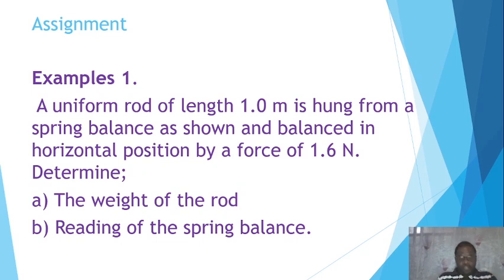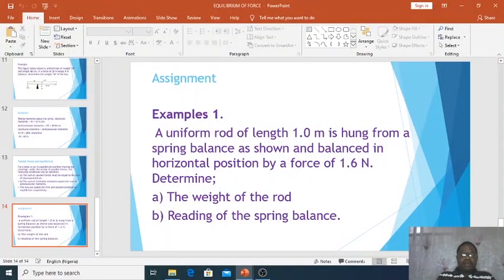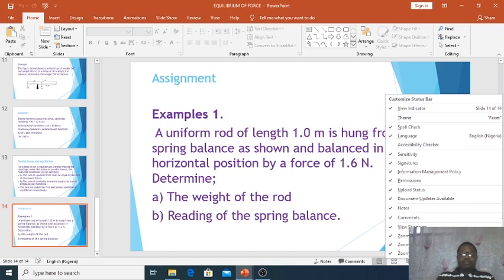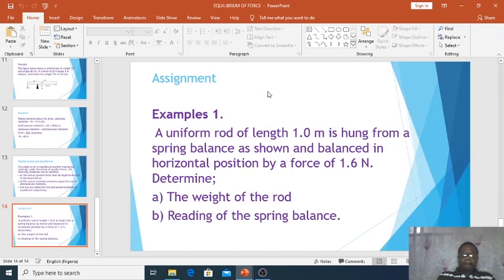Okay, summary. The moment of a force about a point is the product of the force and the perpendicular distance of the line of action of the force from that point. Again, the effect of the moment of a force is that it produces a turning effect on the body.